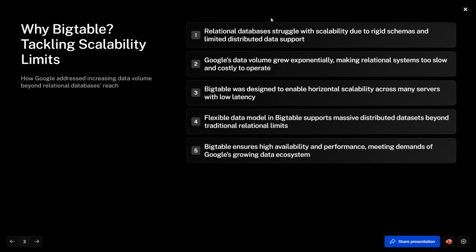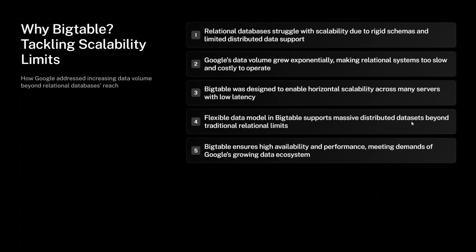As Google's data grew exponentially, traditional relational databases began to show serious limitations. Vertical scaling reached physical limits, schemas were rigid, and performance suffered during massive read and write operations.